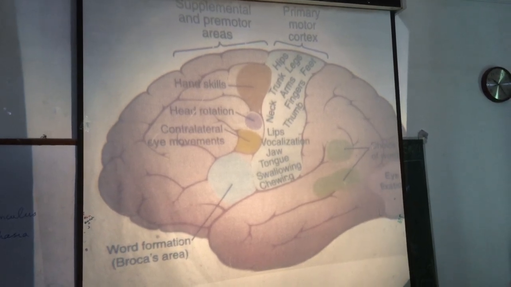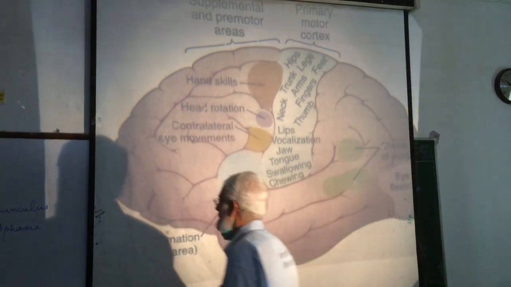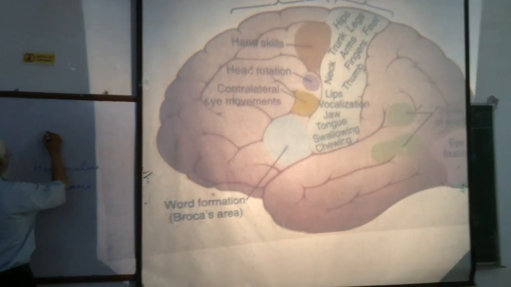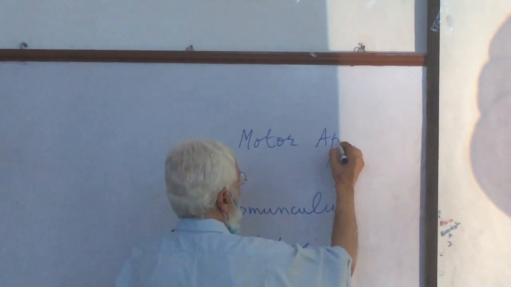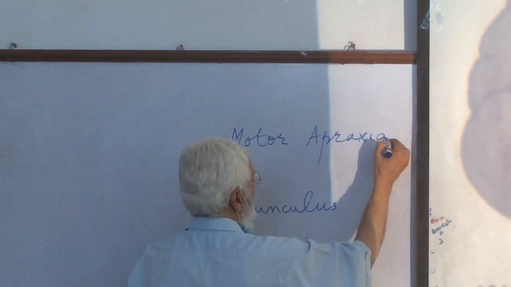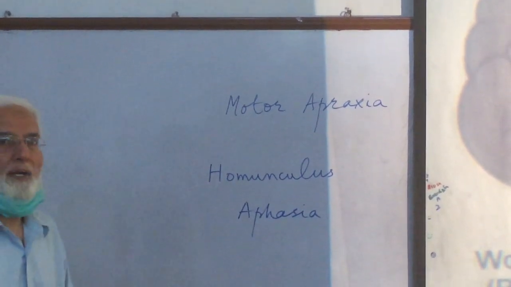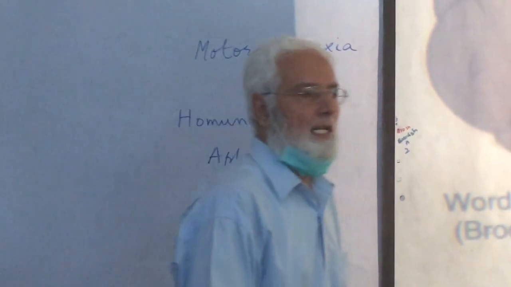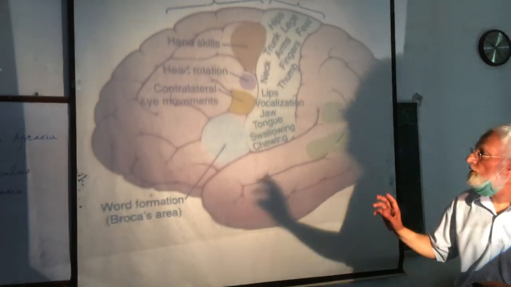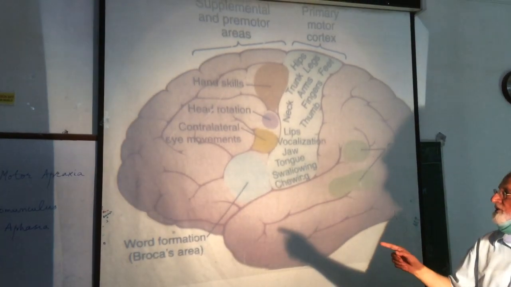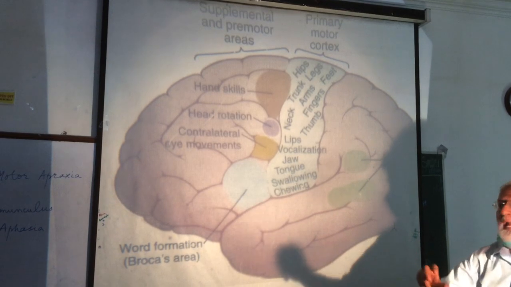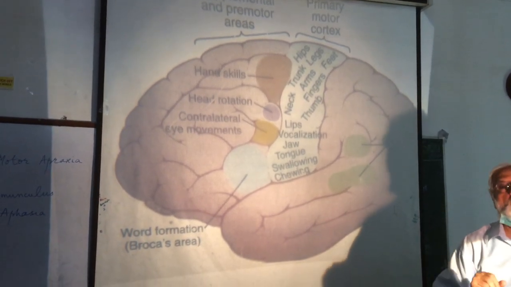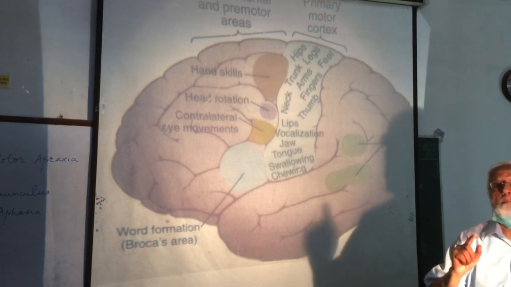Now when there is damage to this area, it results in motor apraxia. In motor apraxia, due to damage to the hand skill area, the hand movements become incoordinate and purposeless.